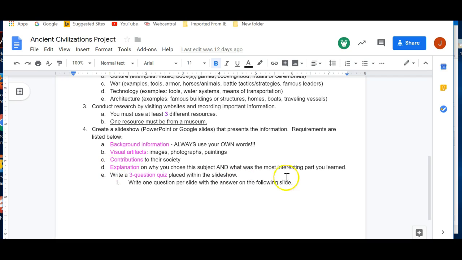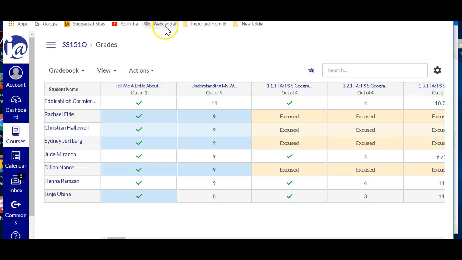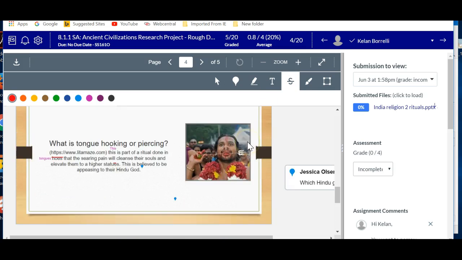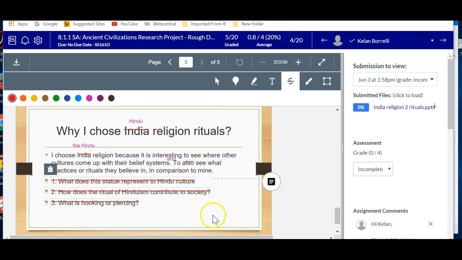Oh, and on this one, the most interesting part that you learned. On this slide, instead of writing this, you want to write them. Just choose one of these. What is one interesting detail that you learned through your research, and then also tell me why. All right, I hope this helps, and please let me know if you have any questions.